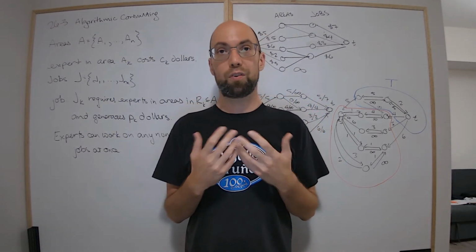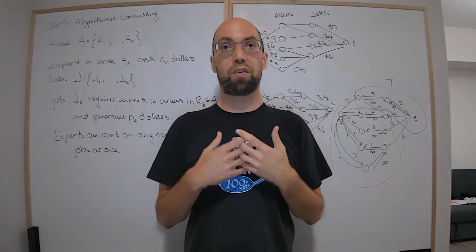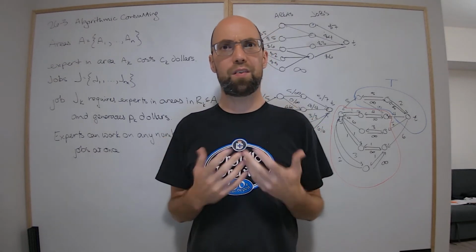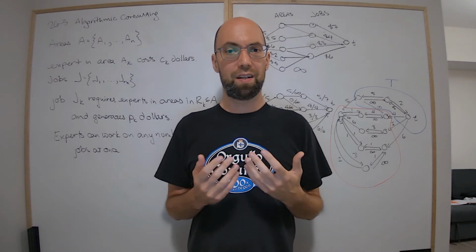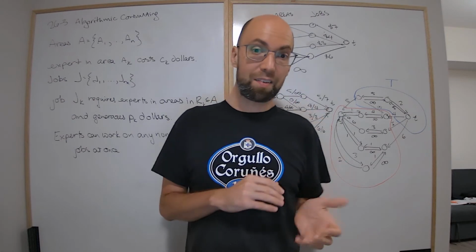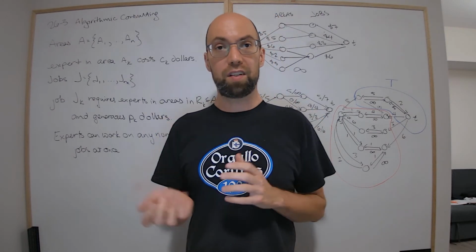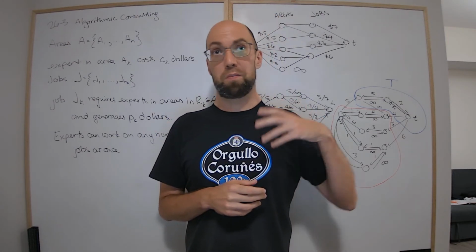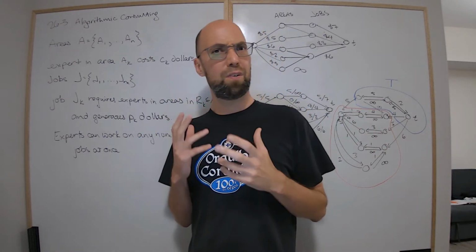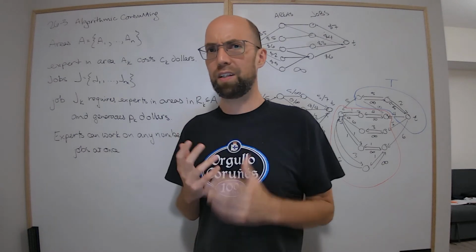It's useful to learn about network flows because a lot of things can be solved with network flows, even though they don't seem to have a network. So, for example, in this problem, until we added the source vertex and the sink, there were just some experts and some jobs, and it didn't sound like an easy problem.